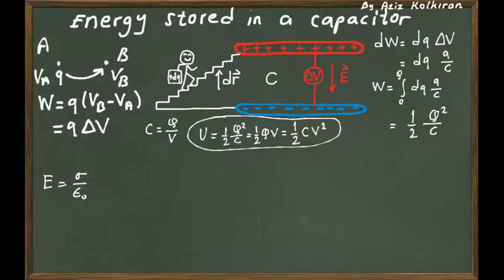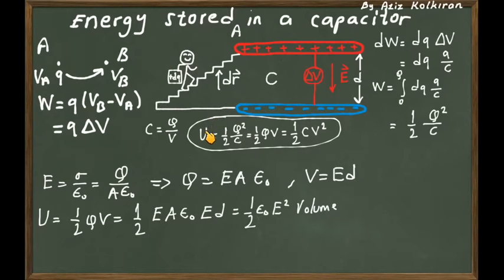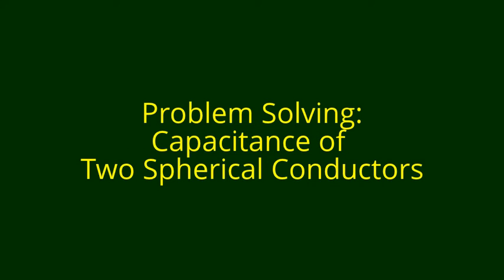If you do this for the capacitor, then you will get the same electrostatic energy U in terms of the electric field only: 1/2 epsilon 0 E squared times the volume of the region between these two plates.